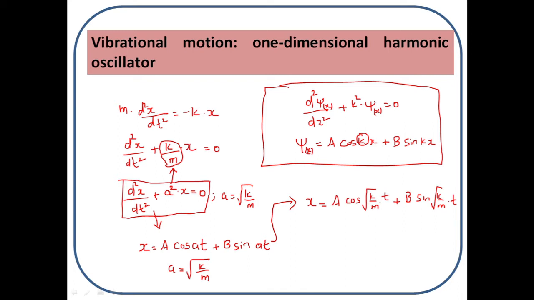Now you see here, this term root of k by m into t, here also root of k by m into t. These two factors should be reciprocal to each other. So that means that this root of k by m should be time inverse, or this should be a frequency term. In the same manner also here, root of k by m should be time inverse.